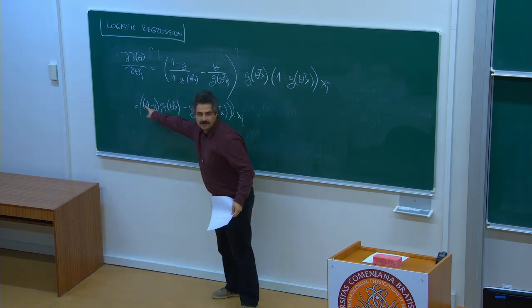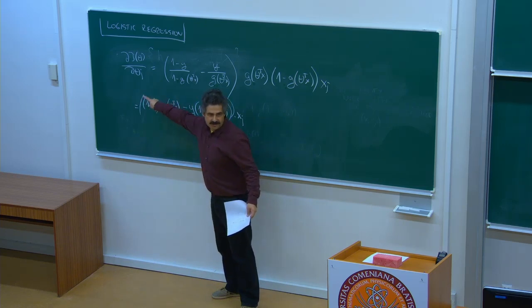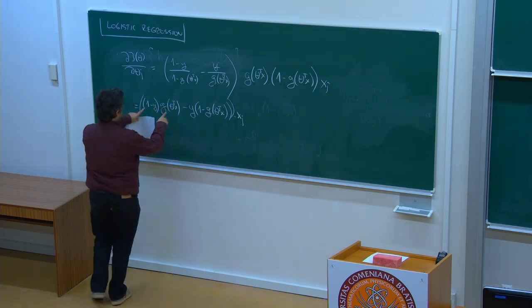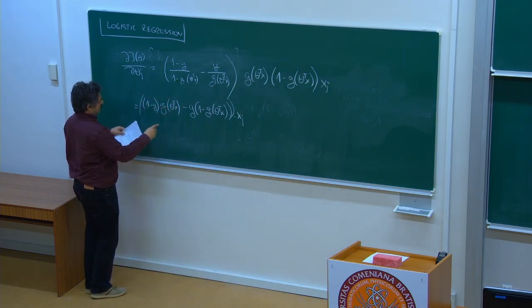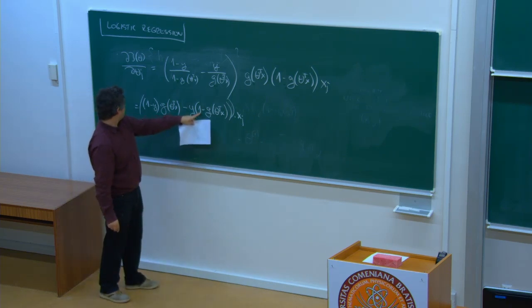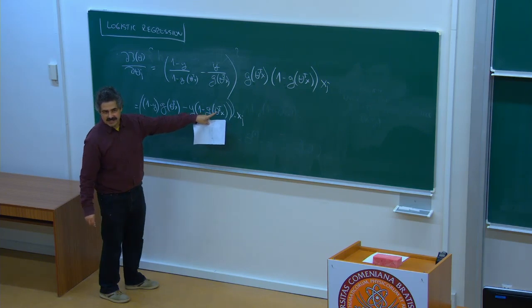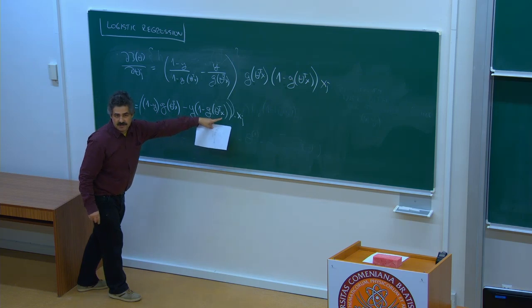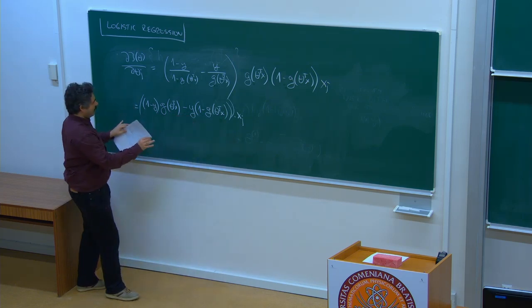Okay, now let's continue the fun, right? We can also do this expansion here. So this will be g theta x minus y times g theta x, and this will be minus y and minus y times g theta x. So y times g theta x and y times g theta x will cancel out. Okay, so the y's are out.